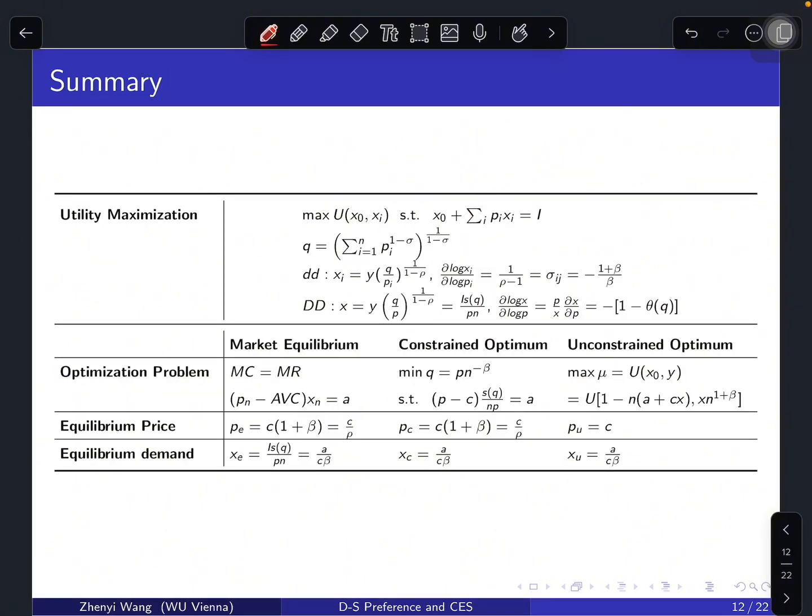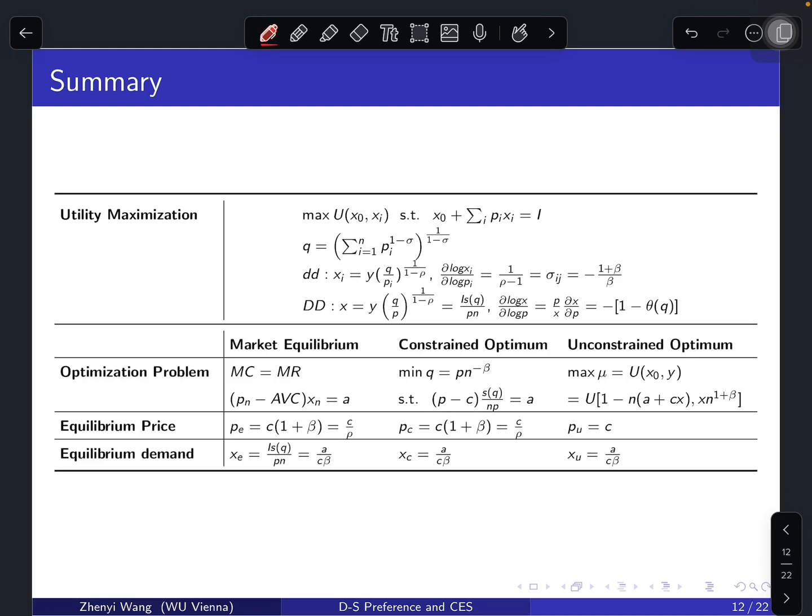Briefly, to summarize what we have discussed before. For these three different scenarios, the market equilibrium, constrained optimum, and unconstrained optimum, the utility maximization problem for consumers is the same. The consumers will maximize their utility under the budget constraint, and we could get the lowercase dd curve for each firm.